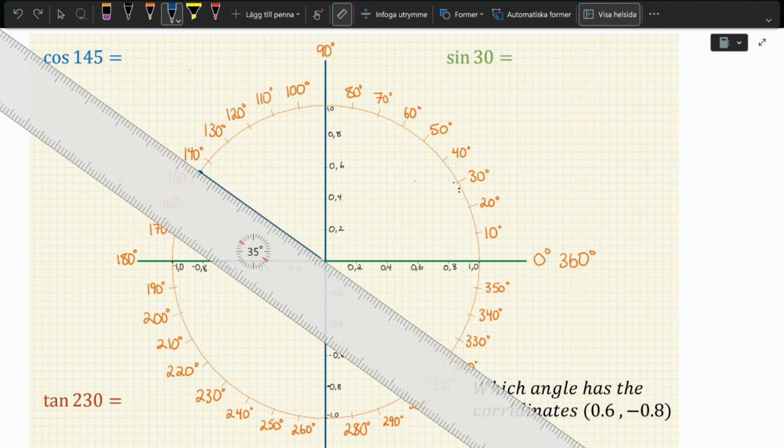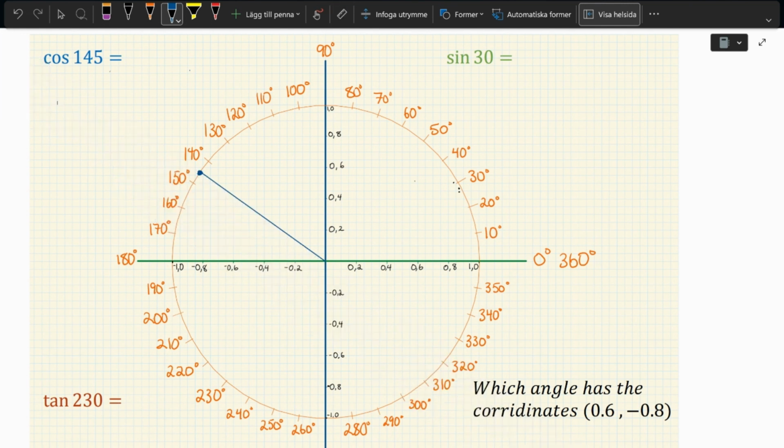Something like that. There. So we can also find the value of this by calculating how many degrees we are away from the x-axis.